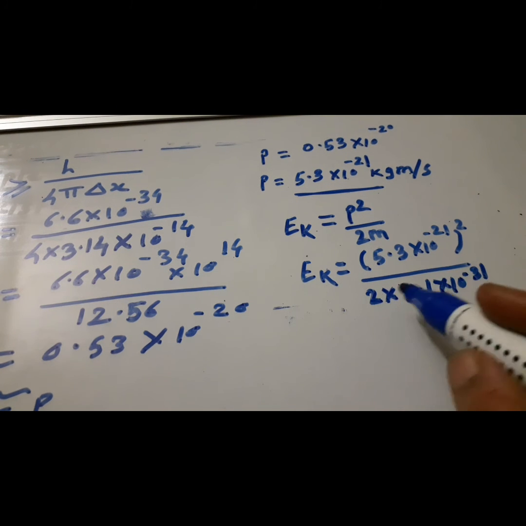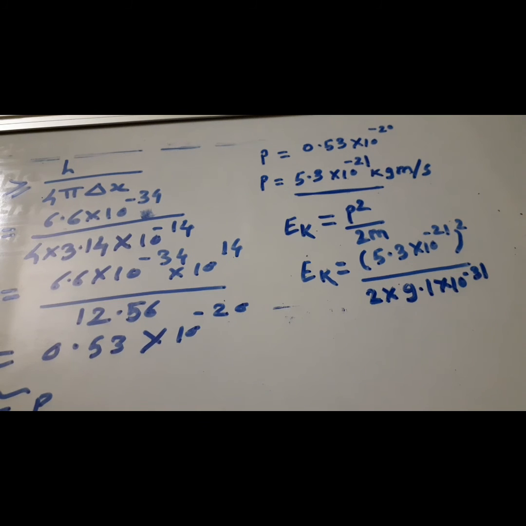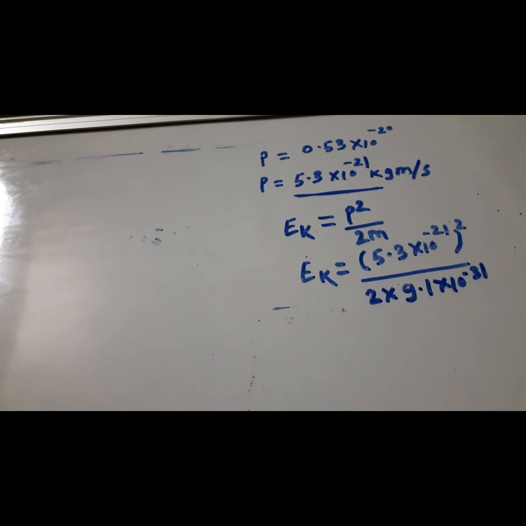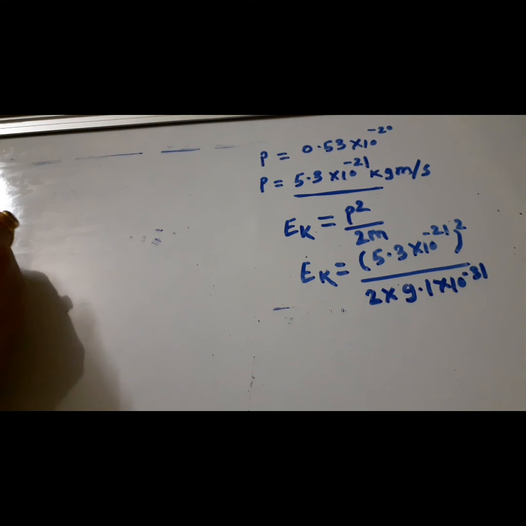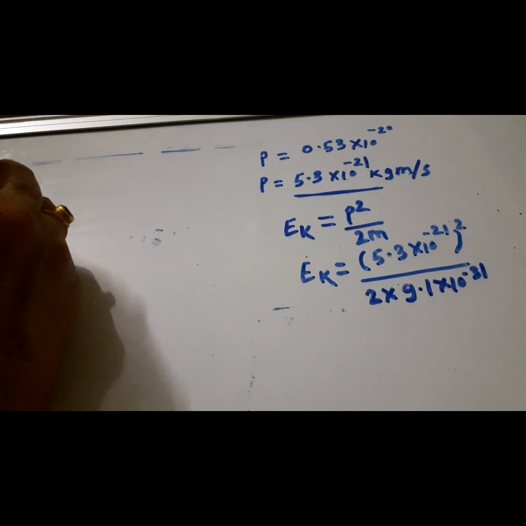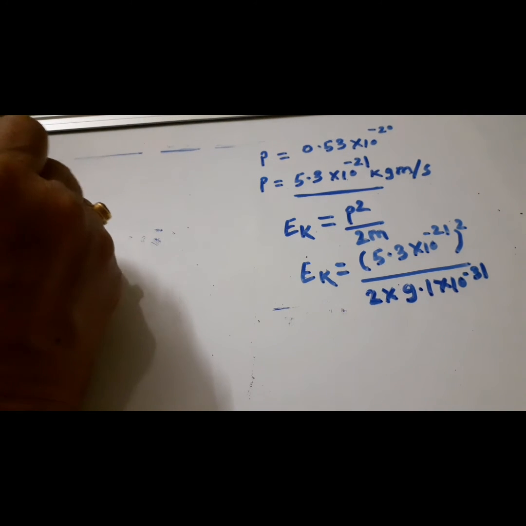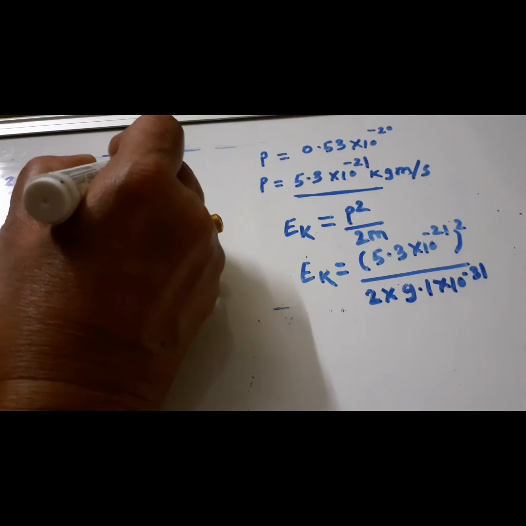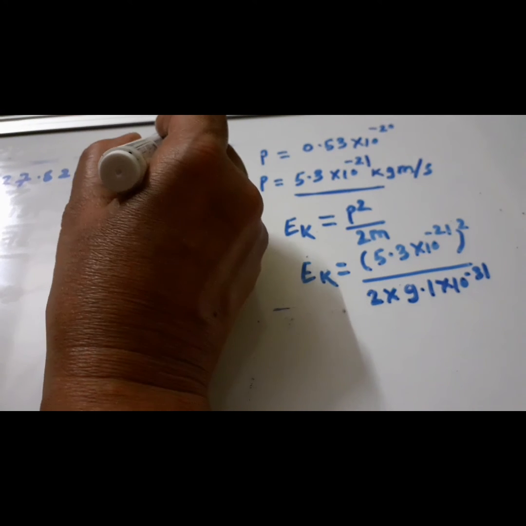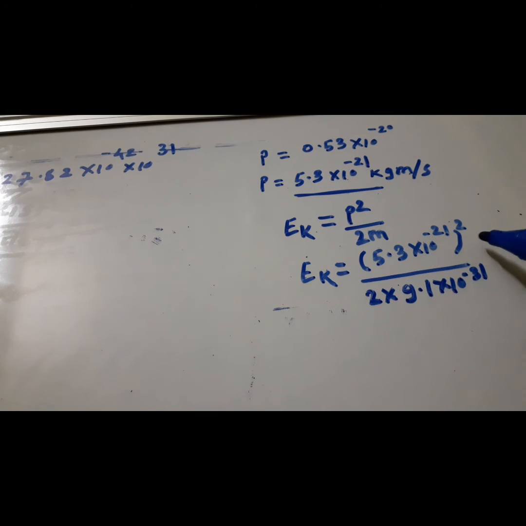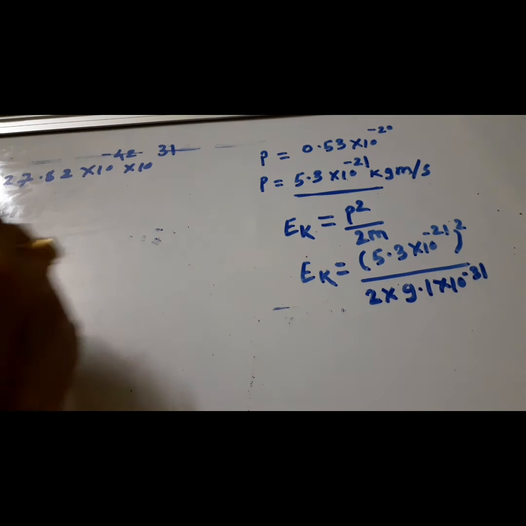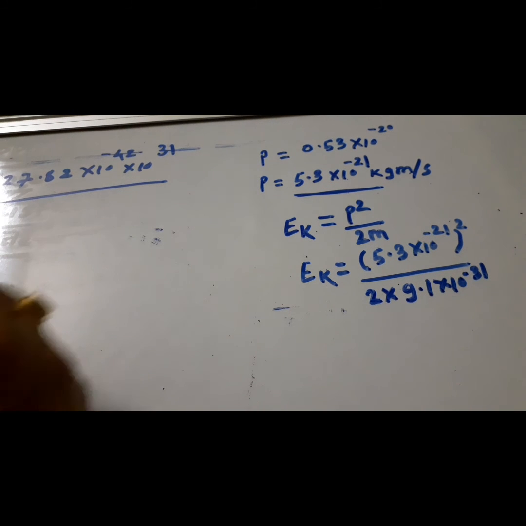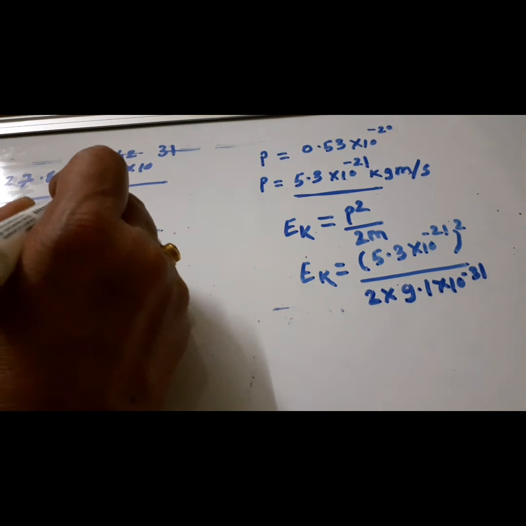After solving this, we can write Ek is equal to 5.3 into 5.3, that is 27.82 into 10 to the power minus 42, into 10 to the power plus 31, because this minus 31 goes to the upper side and becomes plus 31, divided by 2 into 9.1, that is 18.2.